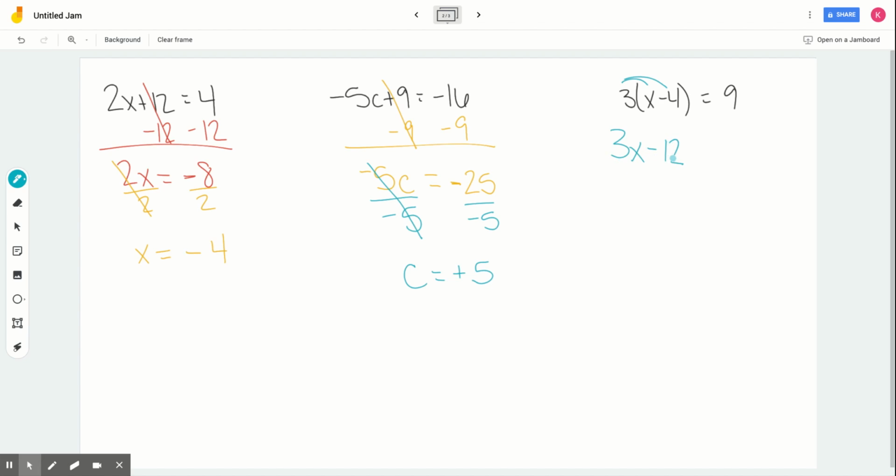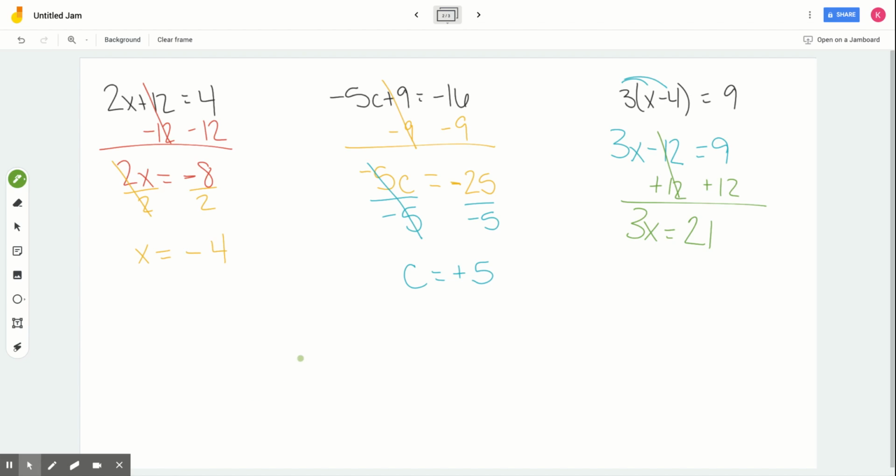So now we have 3x minus 12 equals 9, which will resemble the other types of problems that we've tried today. So when we go to solve this, the opposite of subtracting 12 is to add. So we have 3x equals 9 plus 12 is 21.